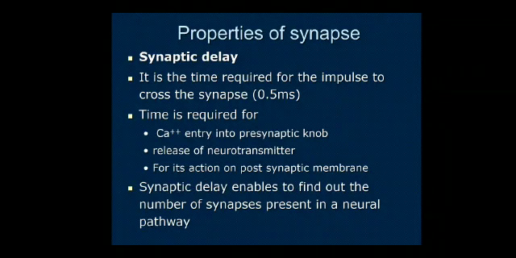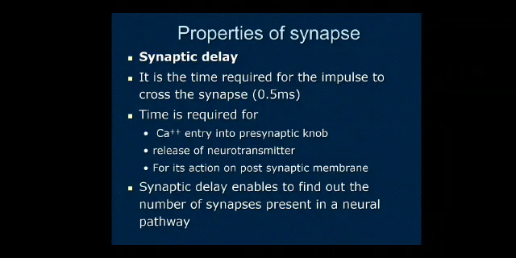From the presynaptic to postsynaptic neuron, there is a delay in the transmission. That delay is called the synaptic delay, and it is almost 0.5 milliseconds. This is mainly due to the calcium influx in the presynaptic terminal and release of neurotransmitters, and the neurotransmitter binds to the receptor proteins, and then the channels open.